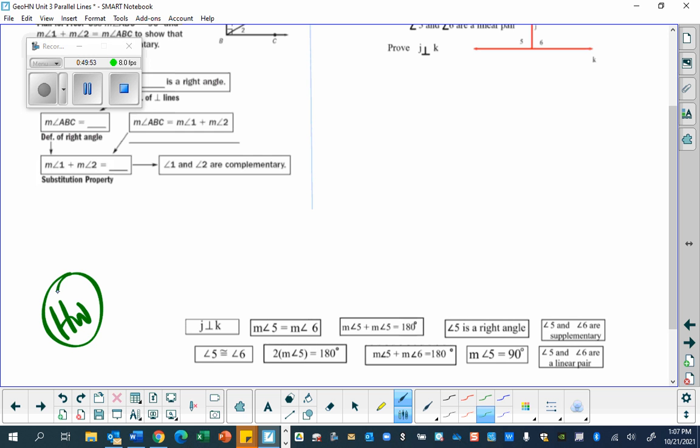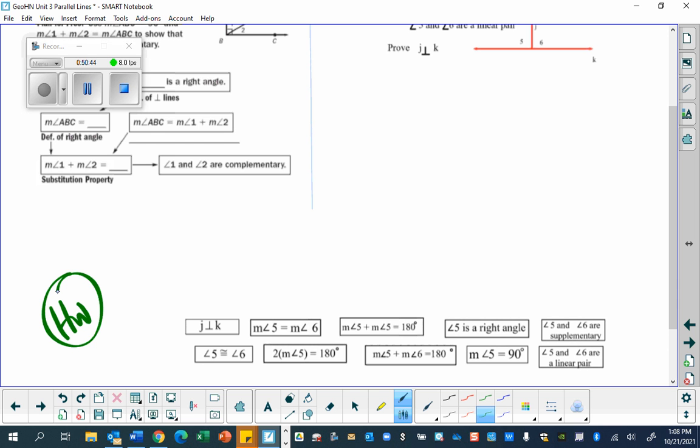If you have your answers written down on your notes, I'll give you a minute to get reorganized and to throw out what you need to throw out. Okay.